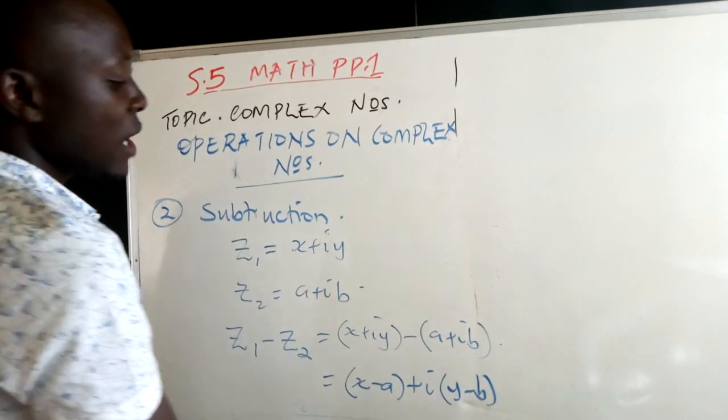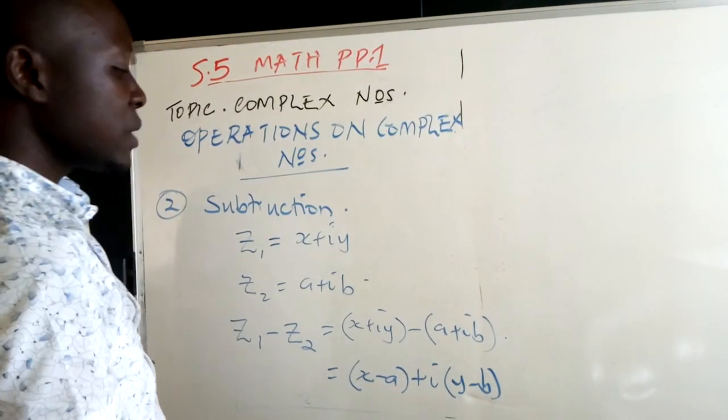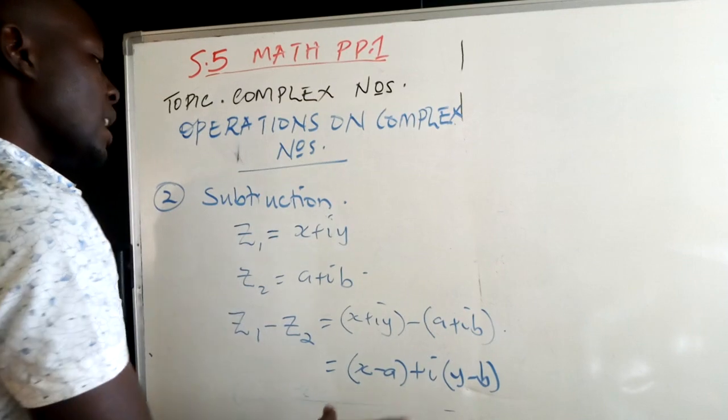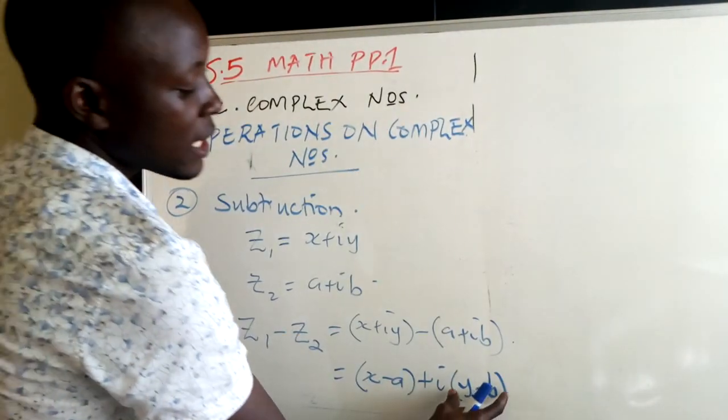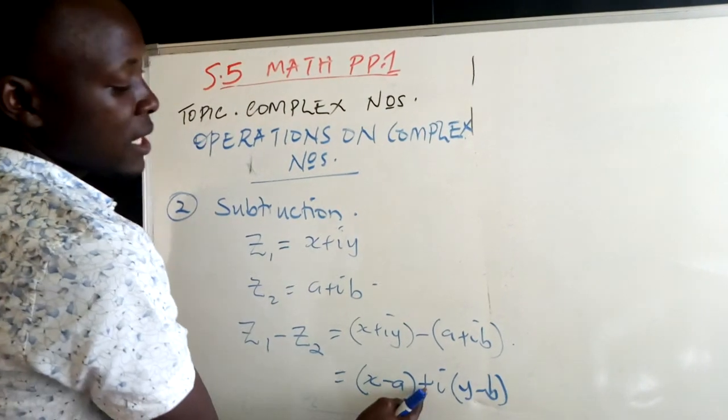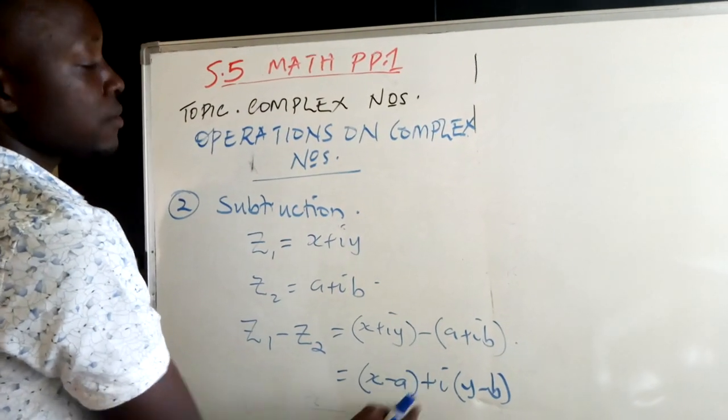Someone may be asking, why am I saying plus? We say plus because the standard complex number is with a plus. It's only when the subtraction produces a negative that it will come and affect this positive in the middle.